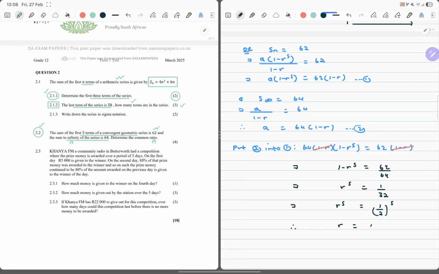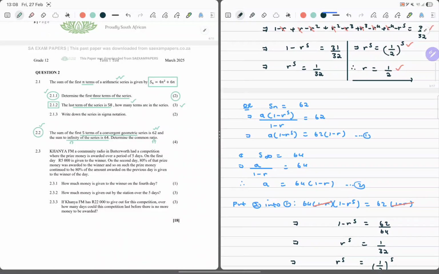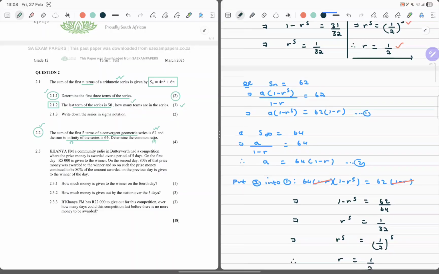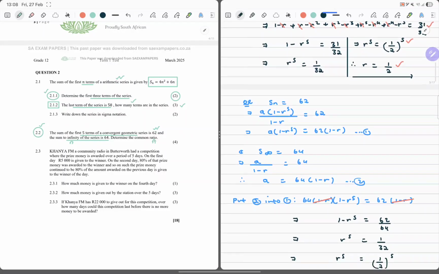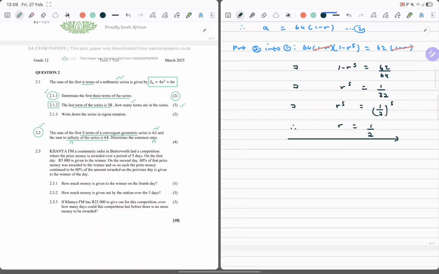Therefore, r must be half. And it makes sense. For a convergent geometric sequence, r must be less than 1, greater than minus 1. So as you can see, perhaps you would find this more comfortable and more easy, but whatever you do, guys, if you can do the right operations, there's nothing wrong in doing so.